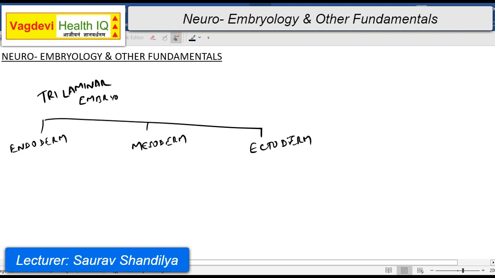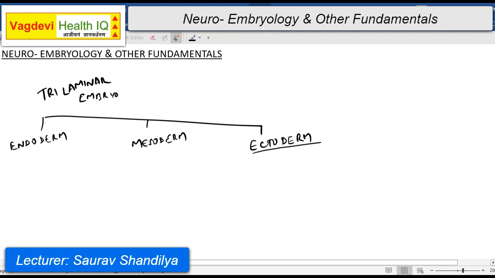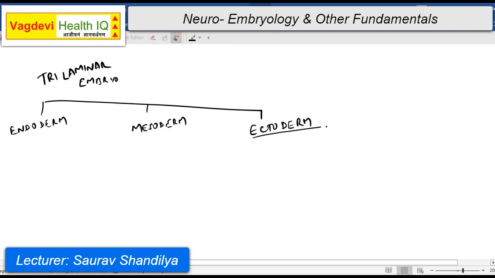Can anyone tell me where exactly the nervous system comes from? Anyone? Just type in the comment. It comes from ectoderm. Okay, so in the ectoderm, you have two parts.